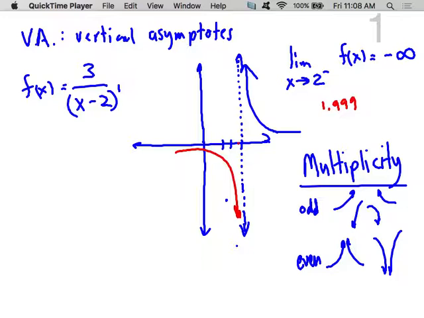So we can go back and plug in a point a little bit bigger than 2 and see that the function gives us a positive value, or we can use the multiplicity. The multiplicity on that asymptote is odd. Therefore, if we determine that the red one is going down, the blue one must go up. And now we've graphed sufficiently around that asymptote.